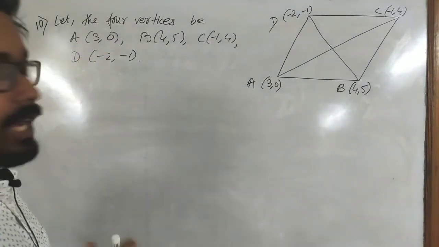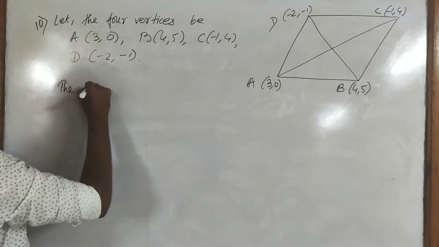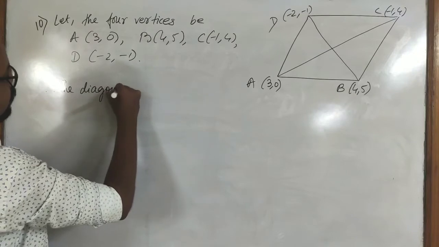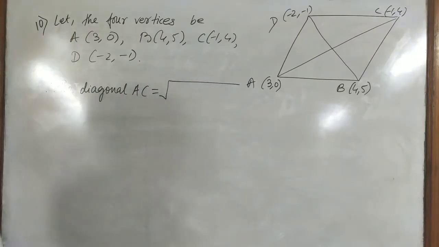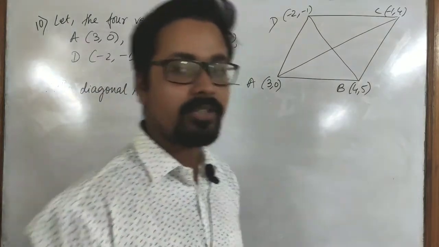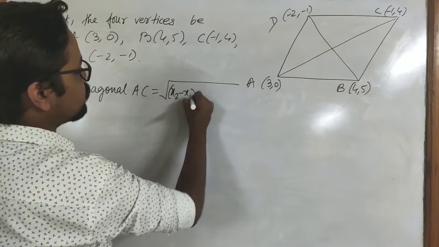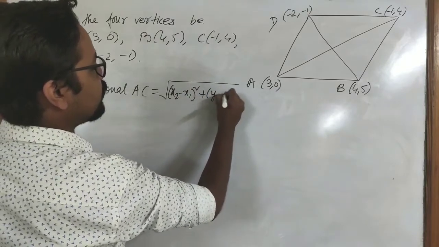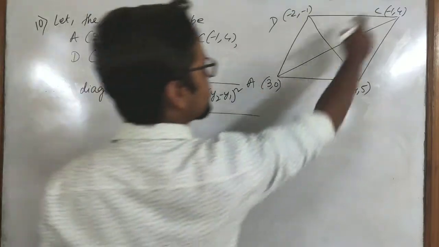Now let us look at the diagonals. The diagonal AC will be what? Distance formula: square root of x2 minus x1 whole square plus y2 minus y1 whole square. This is our distance formula. So let's apply it for AC.